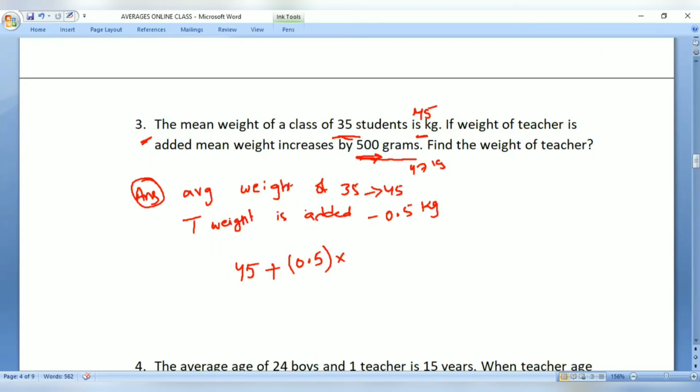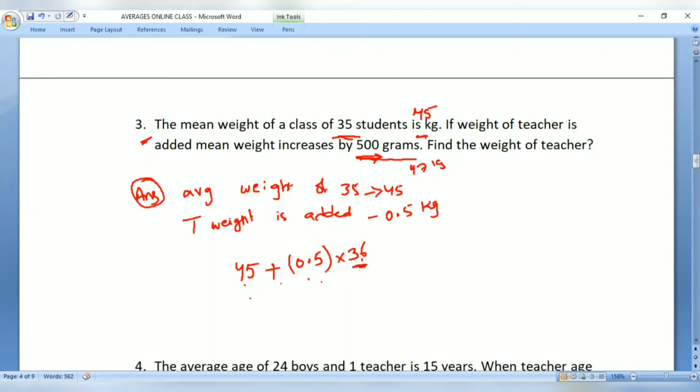Now, what is the total number of strength we have? 36. Because earlier 35 students are there, and 35 students plus one more teacher, so total 36 persons are there. And how much is the weight increased?